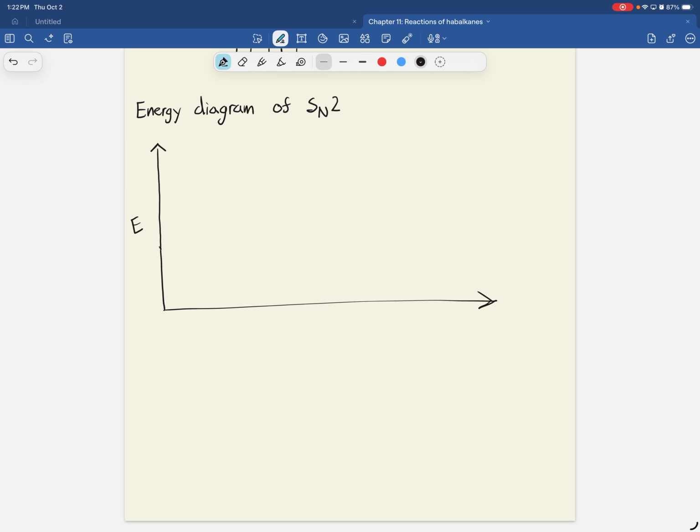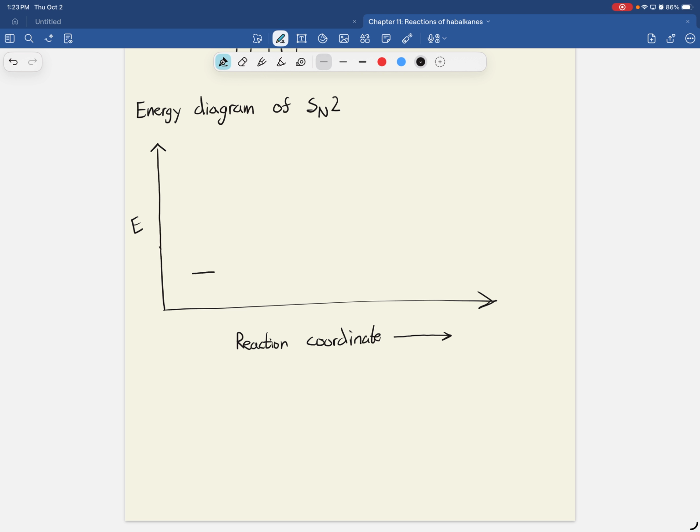As you go up the y-axis, the energy is increasing. Now we have the reaction coordinate. This is the progress of the reaction. As the reaction moves to the right, you're going to see the changes as the nucleophile and the electrophile come together.